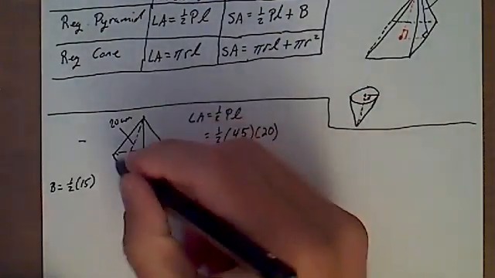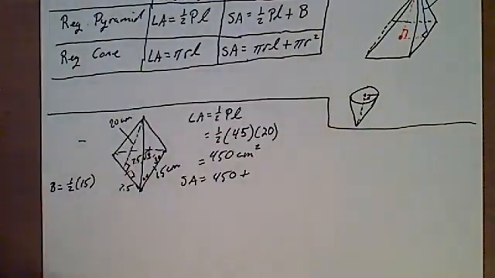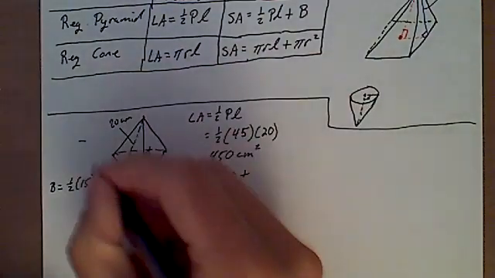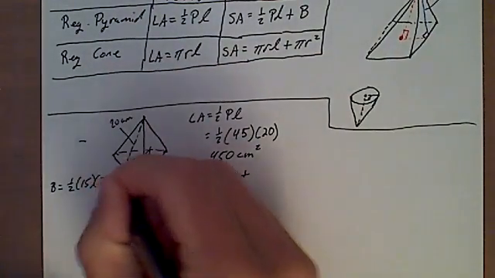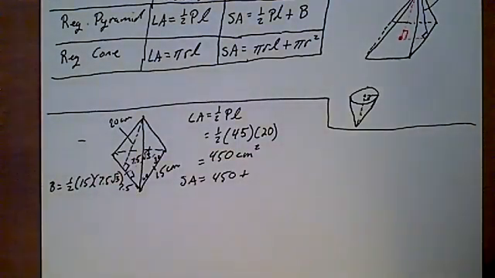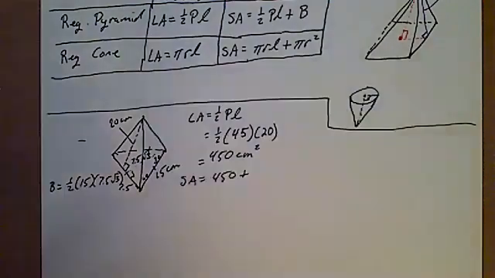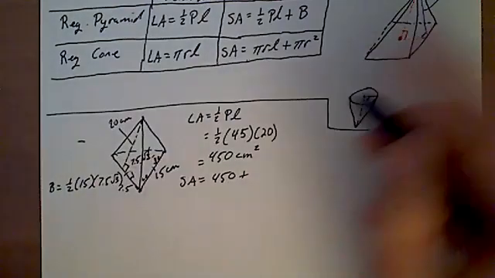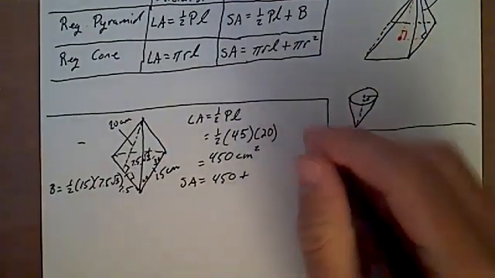So the area of our base is 1/2 the base. This is not the area of the base. When we say base here, we're talking about the base of the triangle, which is 15 times the height, 7.5 root 3. Now you could type that right in, which is probably what I would do. I put it off to the side here just to kind of show.